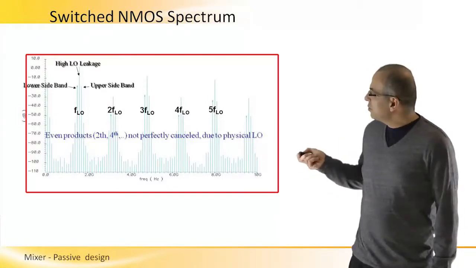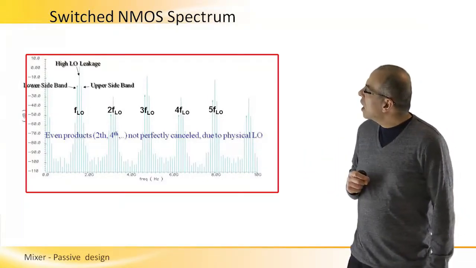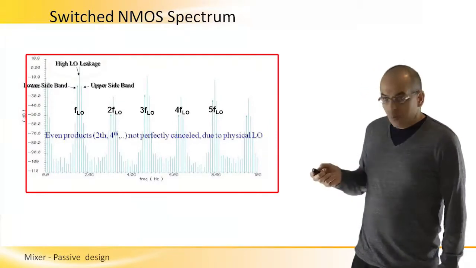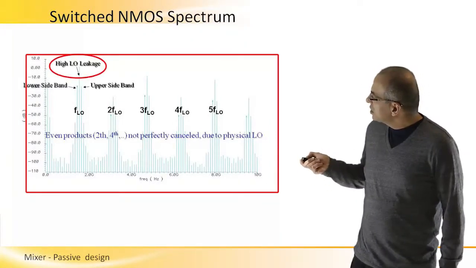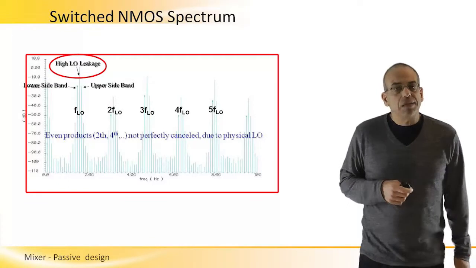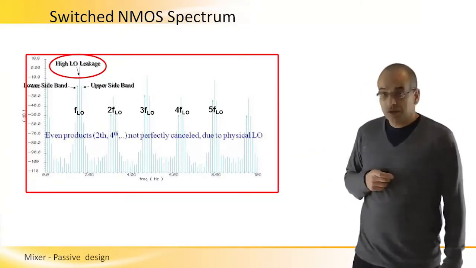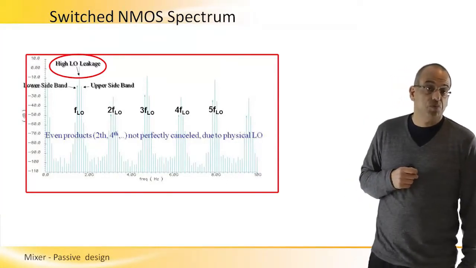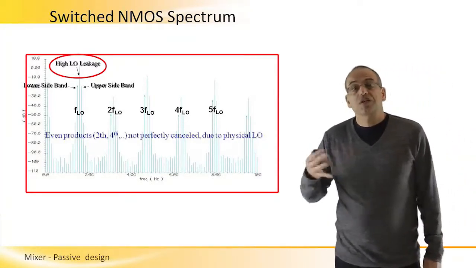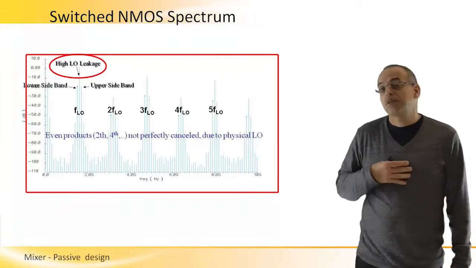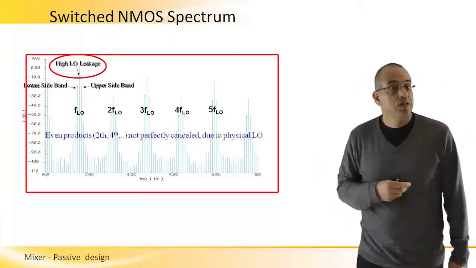So we have both sidebands, upper and lower sideband, but we do see the LO frequency itself leaking in the spectral picture, which is a major problem because it can saturate the transmit chain or the receive chain.